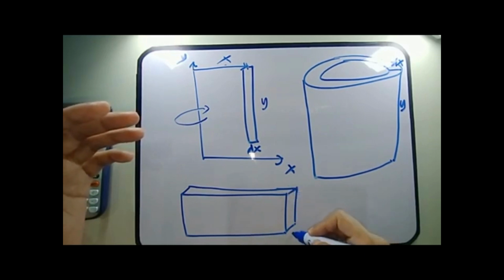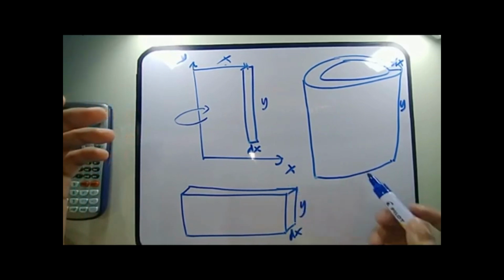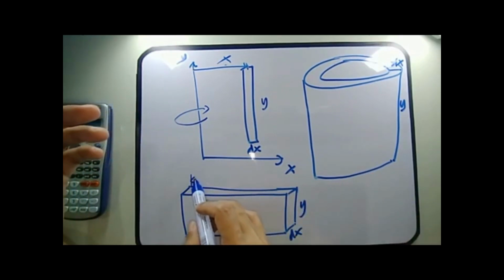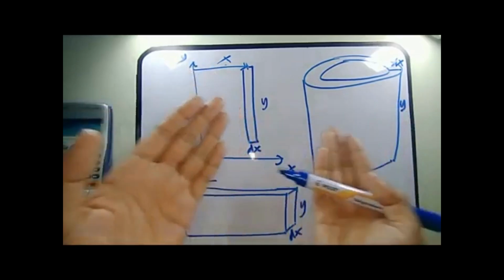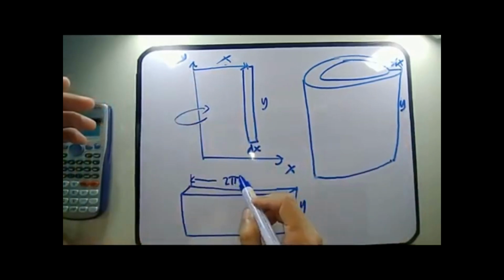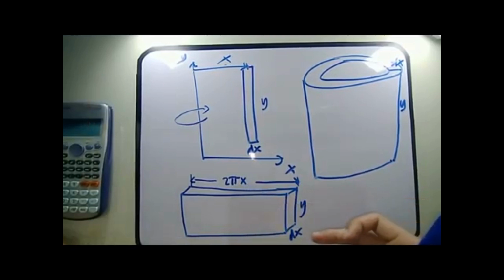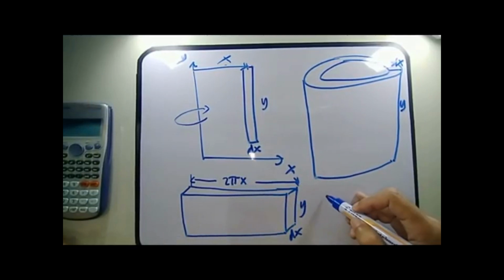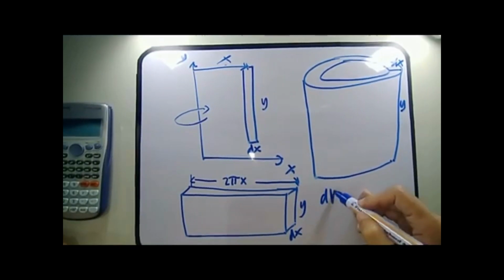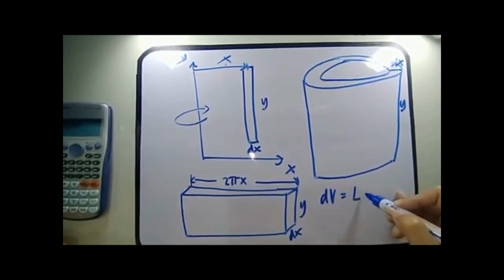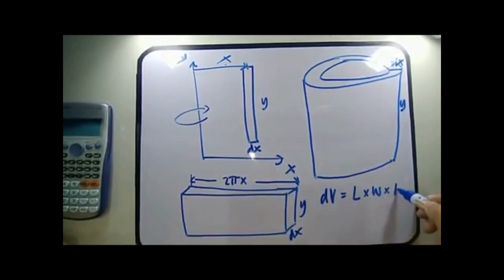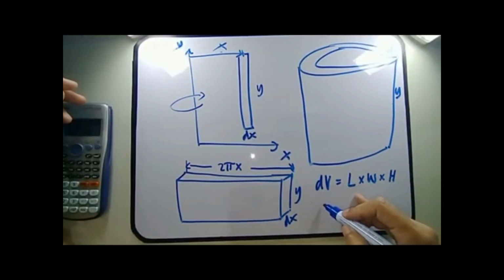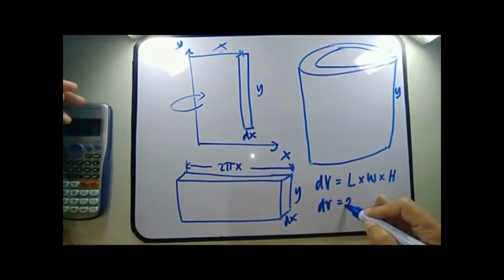This will be dx, this will be height y, and this will be the circumference of its rotation, so this will be 2 pi x. Since this is a differential strip, this is a representation. We have here the differential of volume, which is equal to length times width times height. So the differential volume will be 2 pi x times y times dx.